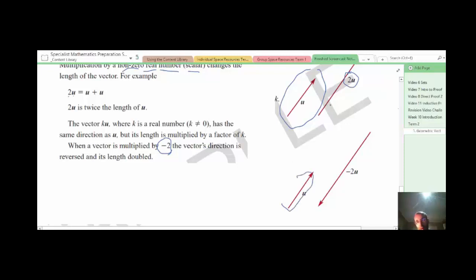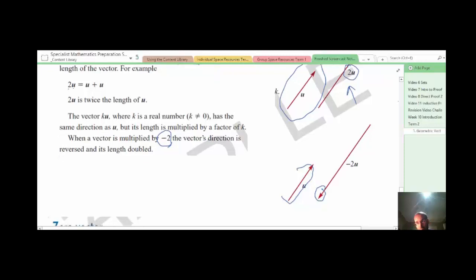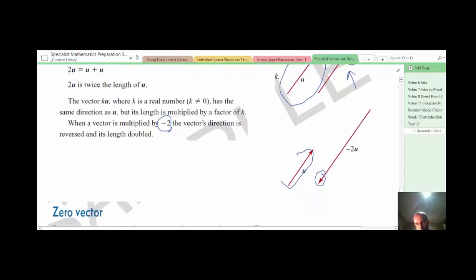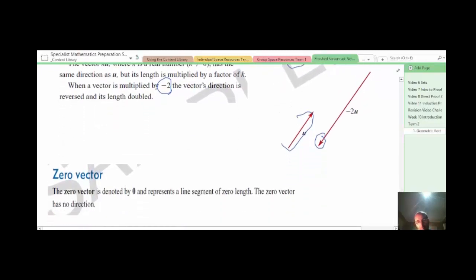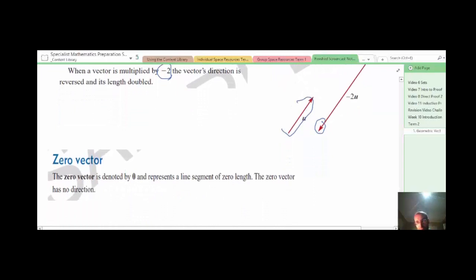So again, if we start with that same u, it's like the answer above, except we've put the arrowhead on the other end. It's got the opposite direction. The magnitude, the length of the arrow, is the same, but it's heading in the opposite direction.